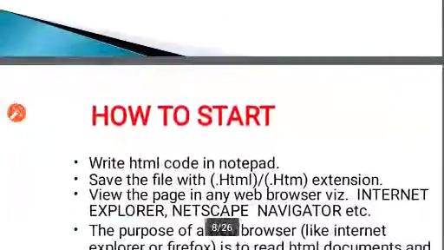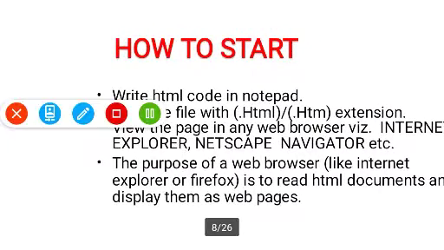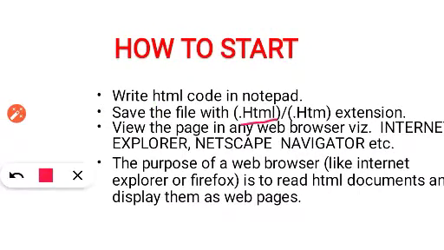Moving to next, let us see the different steps, how to create the HTML, where to use it, and how to browse it. So at first we have to write the HTML code in a notepad or in any text writer, the text editor. Then save the file with .html or .htm extension.